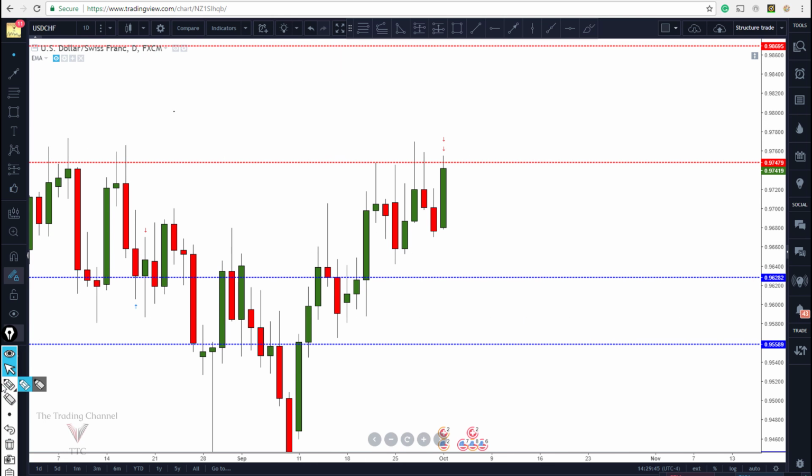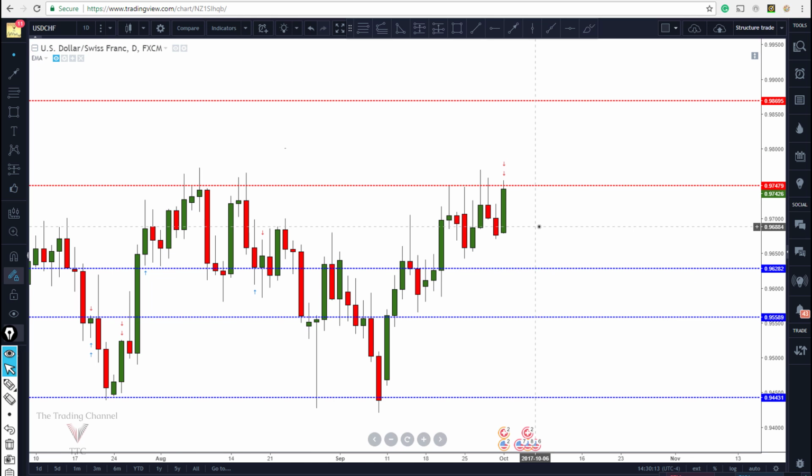As for support, if we get pushed down from the level we're at right now in a major way, all the way down here to 0.9628, that's a level we can start to look for possible buying opportunities or second targets if we get a trading opportunity from this level. And if we push below that level, we can look at the 0.9558 level for other buying opportunities.